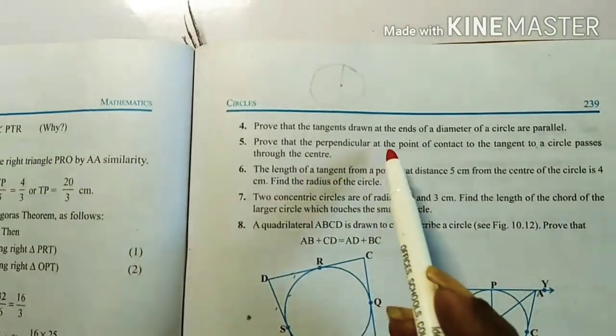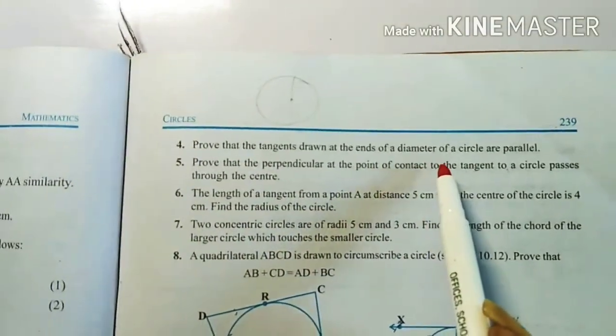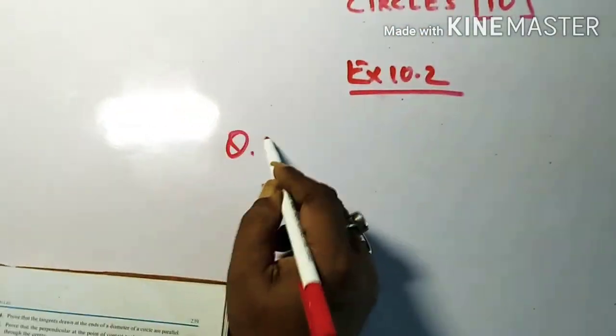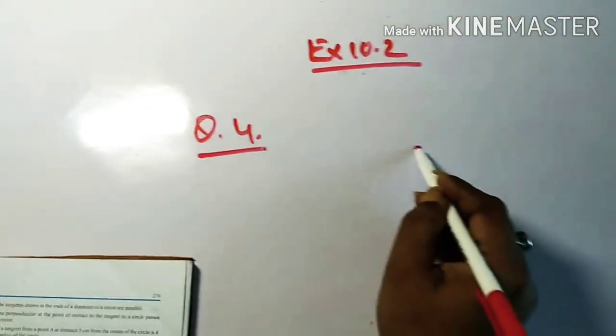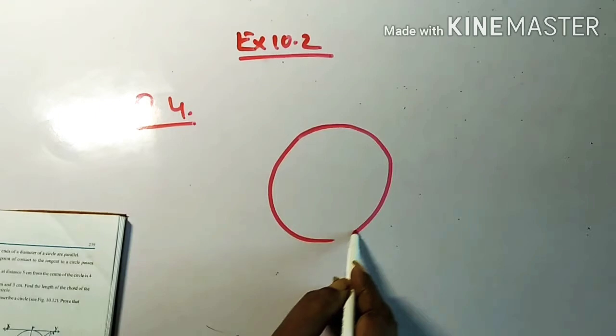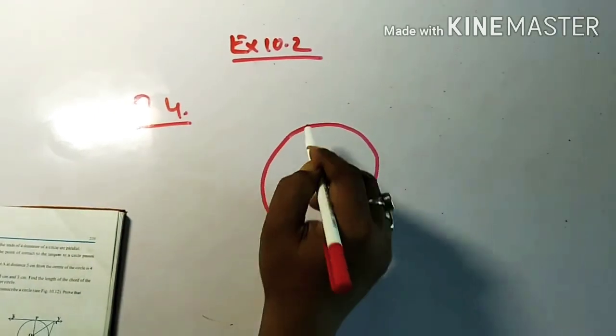Prove that the tangents drawn at the ends of a diameter of a circle are parallel. Question number 4. This is the circle, this is the center.